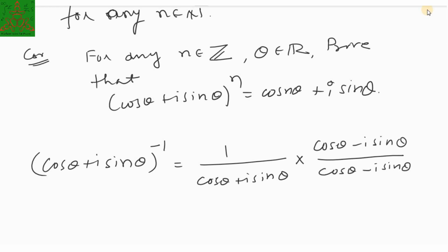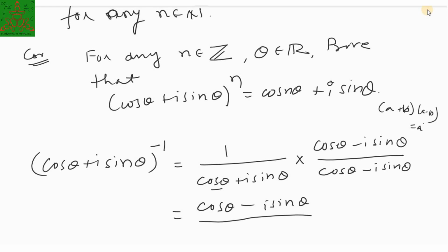Now the numerator is cos theta minus i sin theta, and in the denominator it is of the form a plus b times a minus b, so it is a square minus b square, which is cos square minus i square sin square. I square becomes minus 1, so it is cos square plus sin square, which is 1. So we have cos theta minus i sin theta.